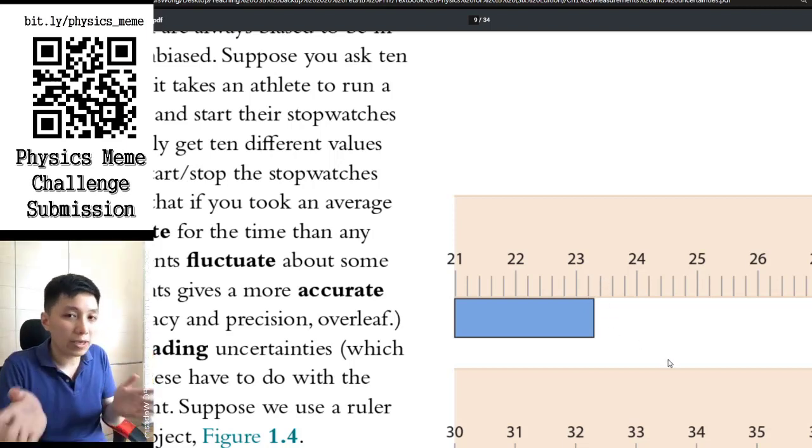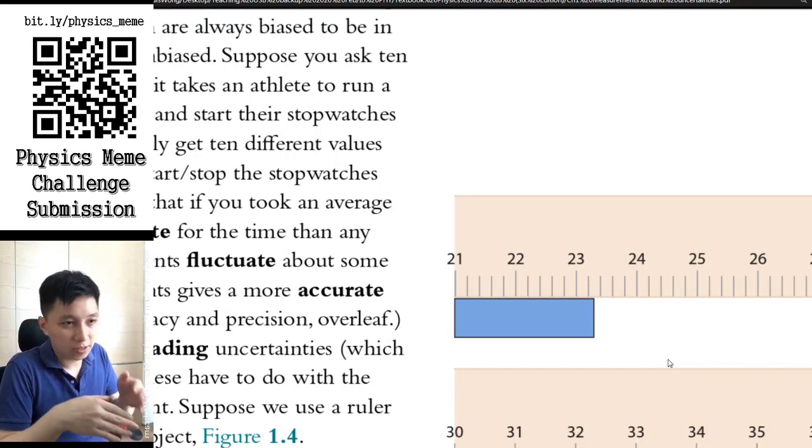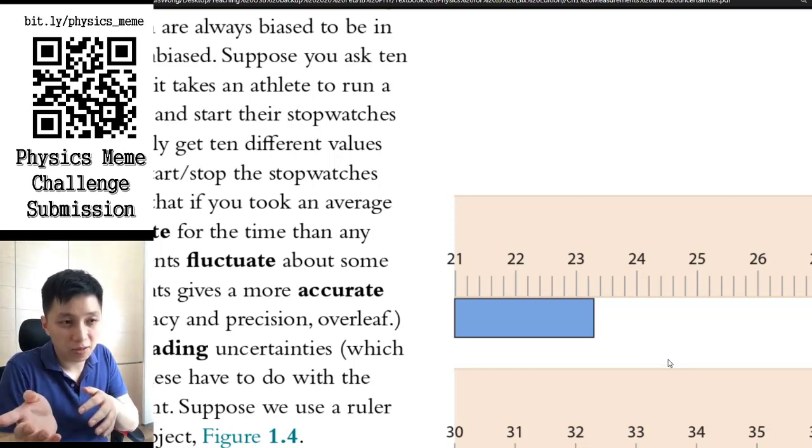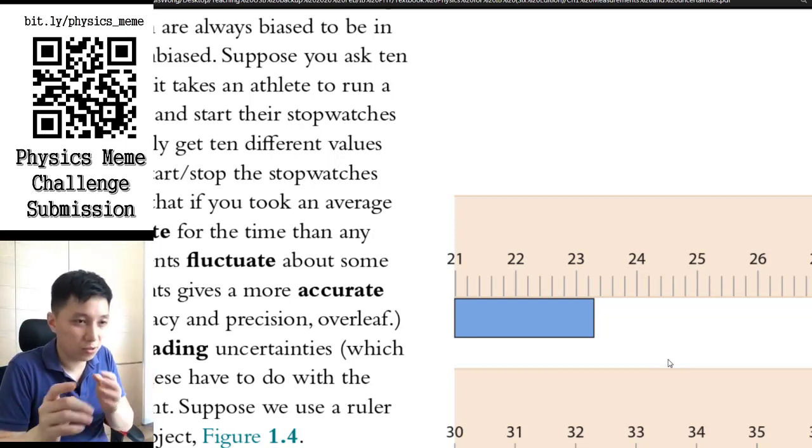So there's no way that you can judge whether it is 23.2 something or 23.3 something, because it's between these two.